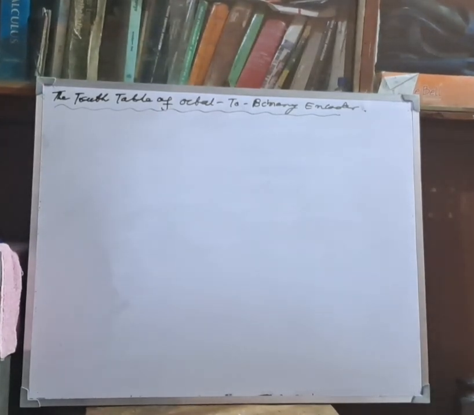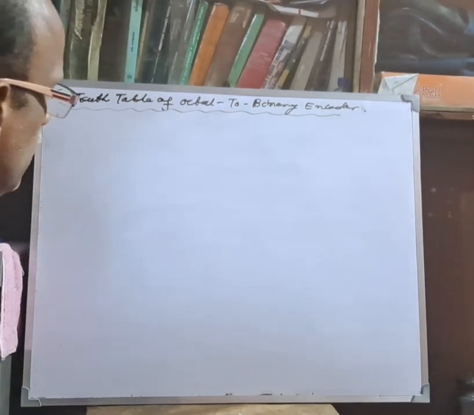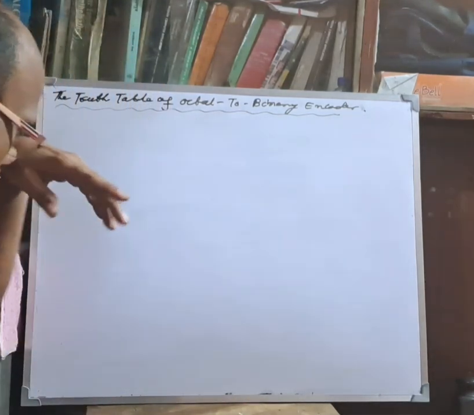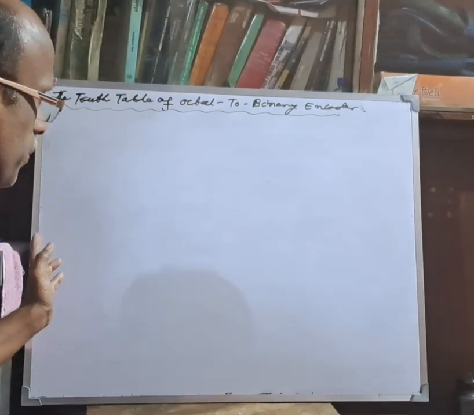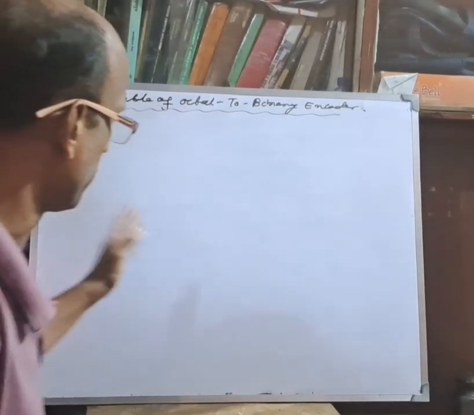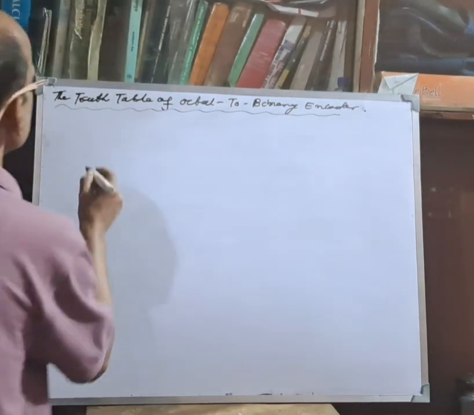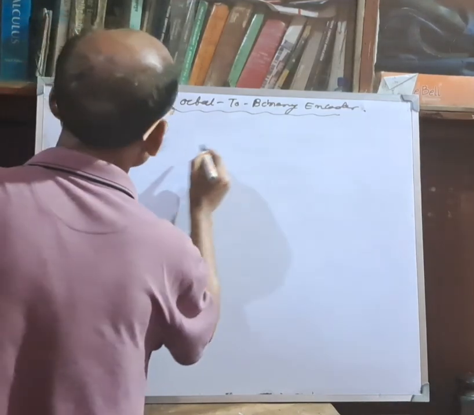Because without truth table, you cannot construct the logic circuit diagram. So it is required to side by side to draw the truth table and logic circuit diagram. That will help you to understand in the better way. You just see here the truth table of octal to binary encoder.